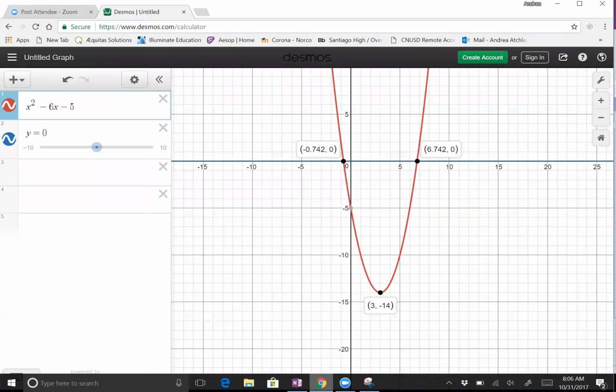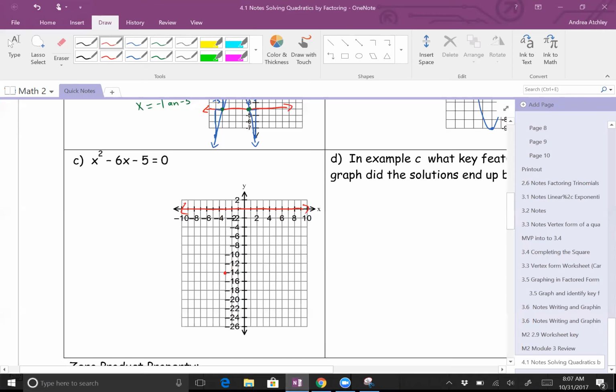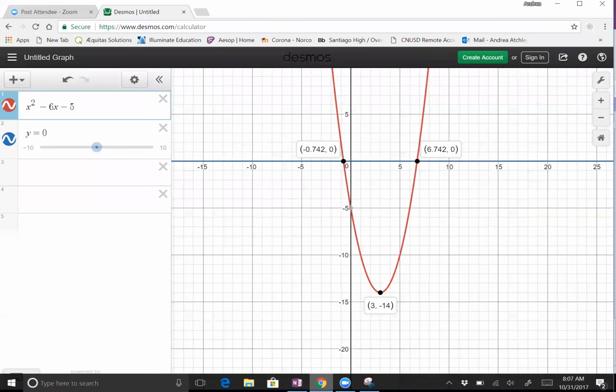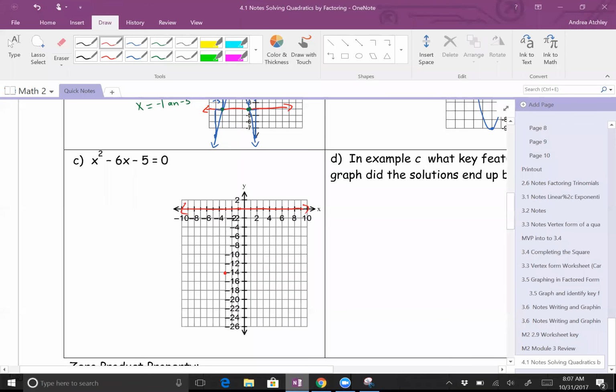And then we cross at negative 0.742 and 6.742. So that's going to be like right here. Oh, I graphed on the wrong side, you guys. It's positive 3. I put it on negative 3. And then at 6 point something there.